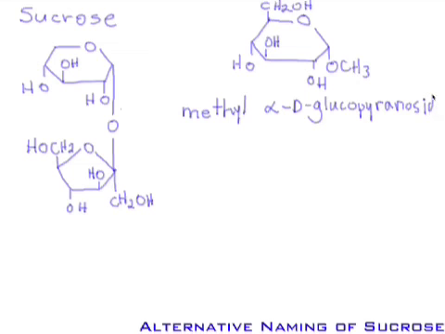In this case, however, because the aldose was made from an aldehyde, we're going to use it as the root. And since the O is down, again we have an alpha D glucopyranoside.